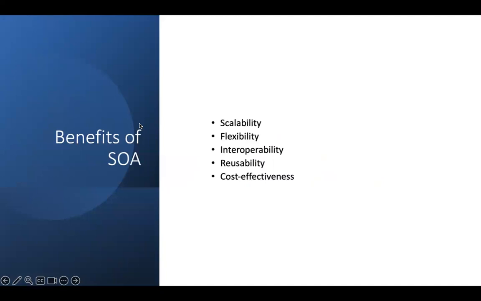So what are the benefits of service-oriented architecture? Why did it become so popular in the late 90s and in the early 2000s? The first thing is scalability. As the services are independent, it's much easier to scale them without affecting the system, and the same for flexibility. It's a lot easier to make changes to an individual service without affecting the entire application.